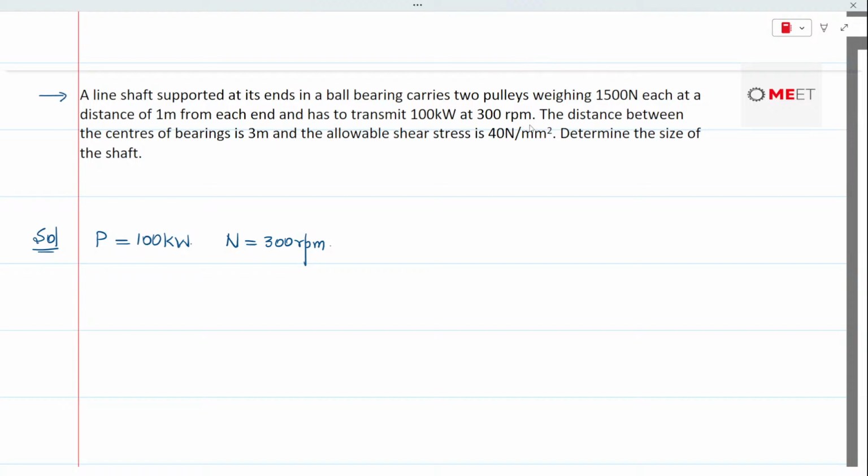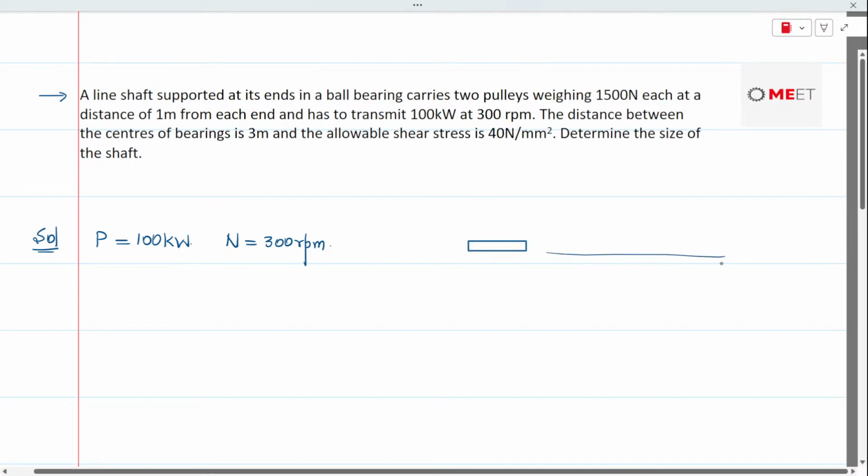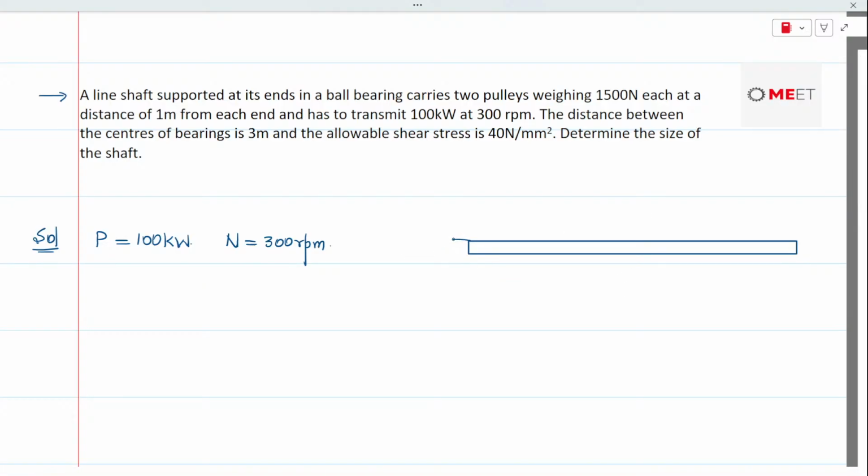Let me draw the shaft diagram. So this is the shaft given to us, and the shaft is supported in bearings.